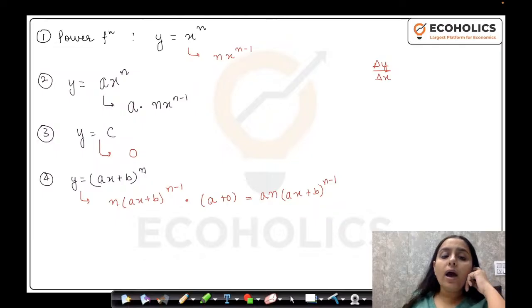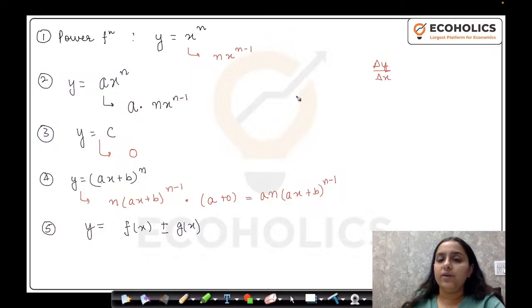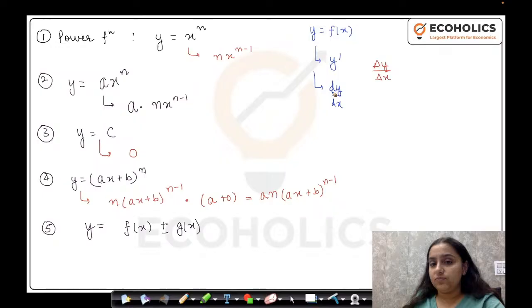Now, when you have functions in, let's say, addition or subtraction, let's say you have function f of x plus or minus g of x. How do we represent the derivative? Let's say y is equal to f of x. So the derivative is represented using y dash or dy by dx, which shows you the derivative of y with respect to x, or you can also show f dash x.